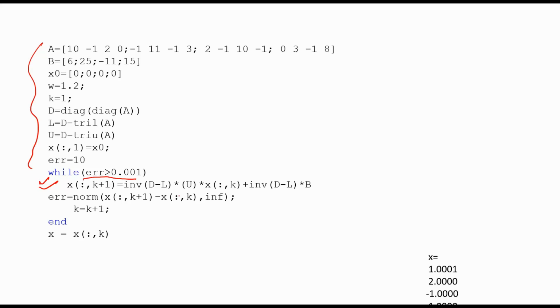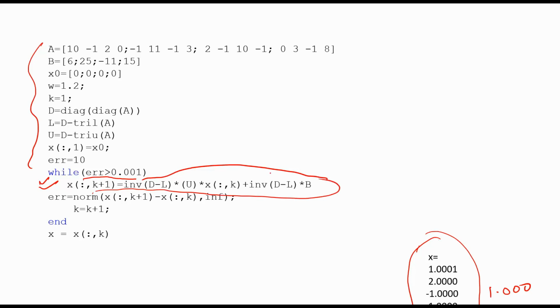Here x4 is 1.000. So you can compare the two programs and see that I have the difference in this step. Instead of taking the absolute value, I have taken the infinity norm between the two consecutive iterations. This is the way of finding the infinity norm in MATLAB.